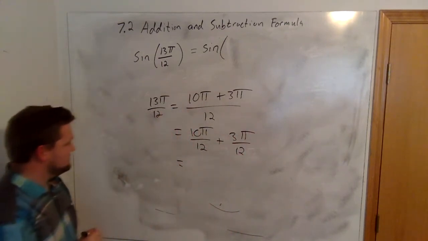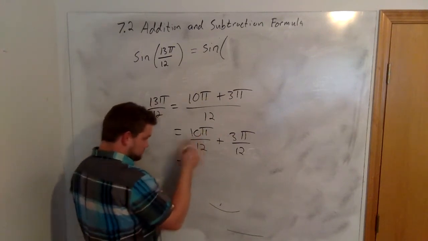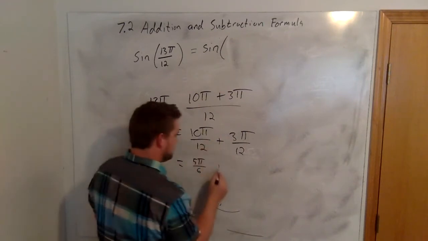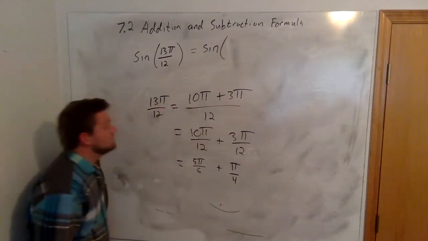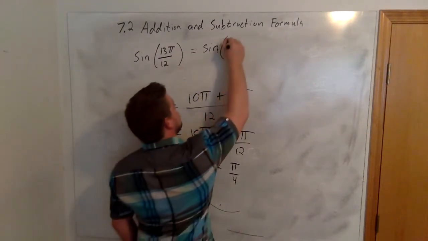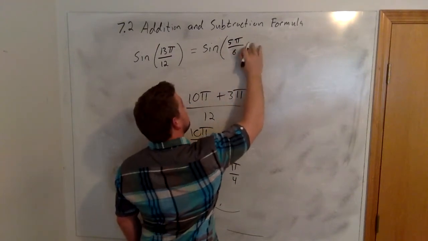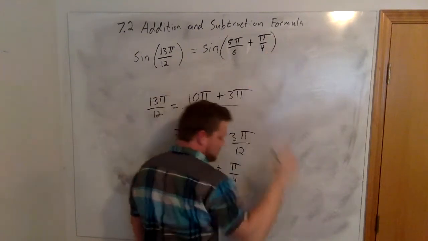Okay, so let's see, what are we going to get here? This is the same thing as 5 pi over 6 plus, what else? This will be pi over 4. So we could work with this. So this will be 5 pi over 6 plus pi over 4.